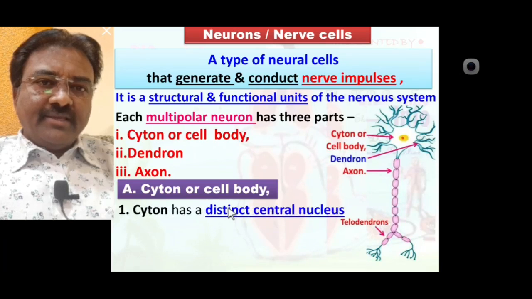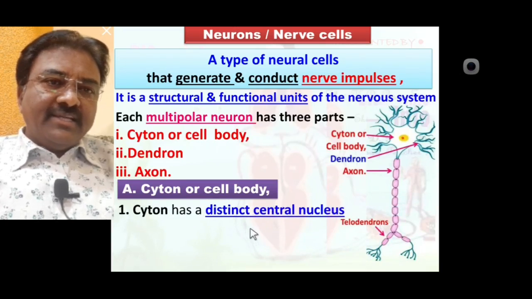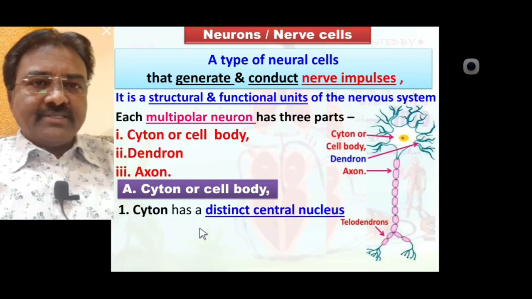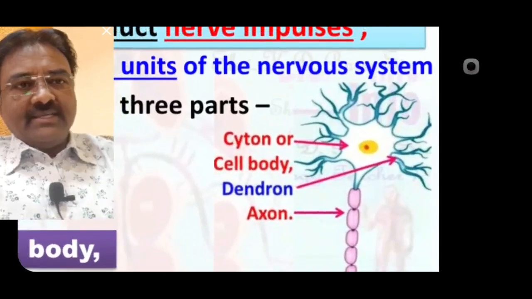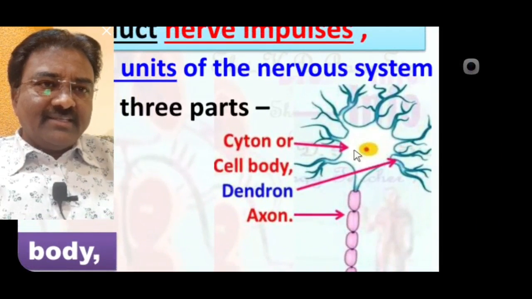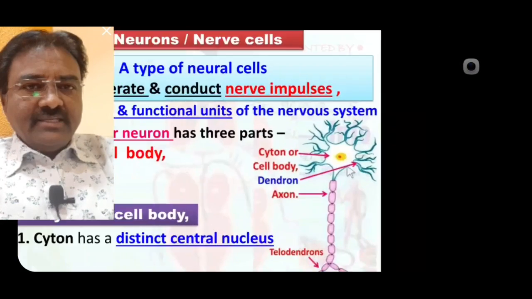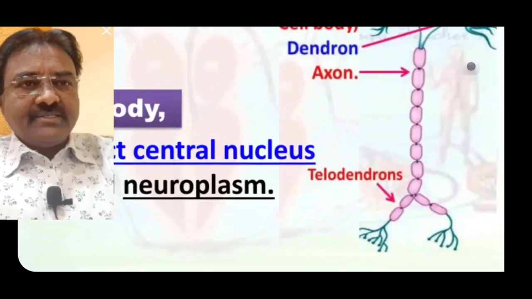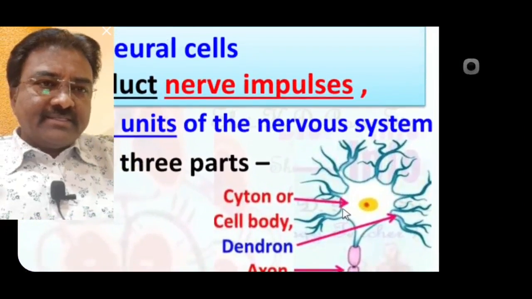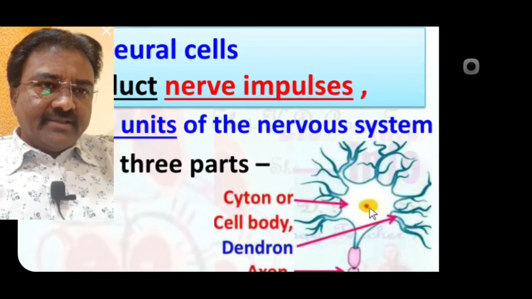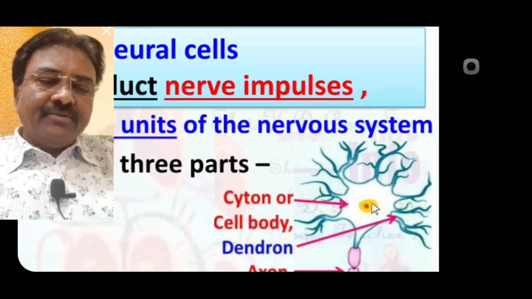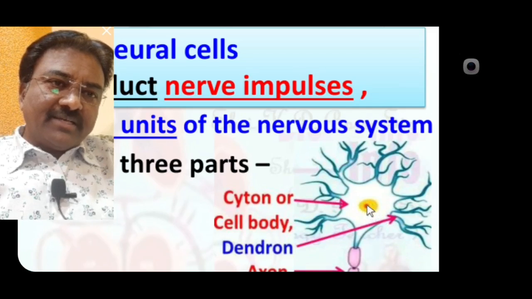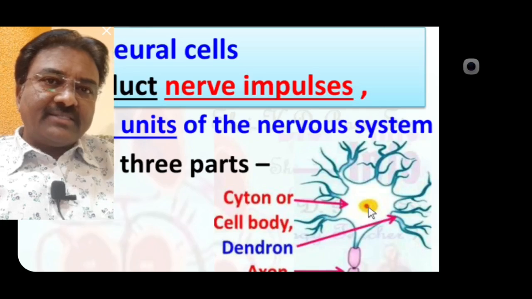Cyton or cell body has a distinct central nucleus, means inside the cyton a distinct central nucleus is seen. This is the nucleus seen in the cyton. Also nucleolus and nucleoplasm, means inside the nucleus there is a part called nucleoplasm, and in the nucleoplasm the nucleolus is seen.